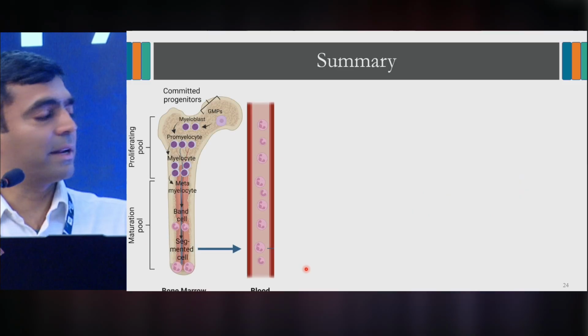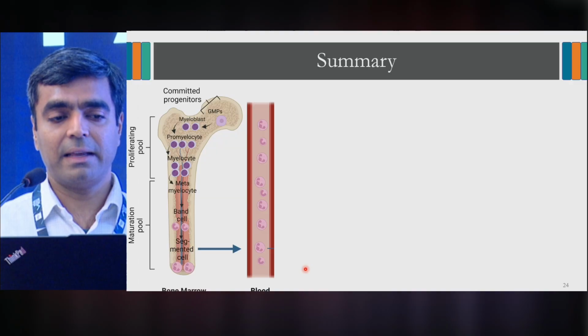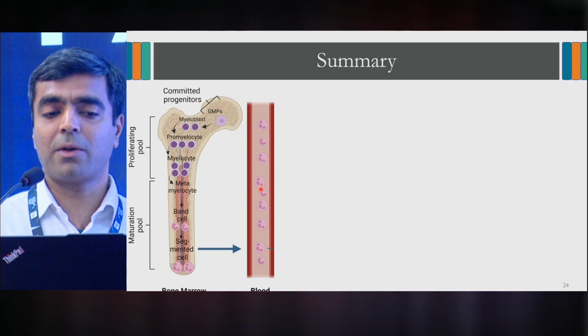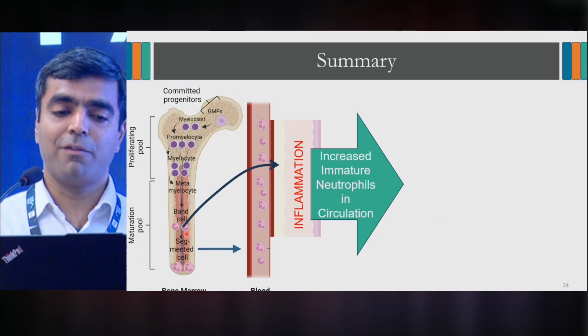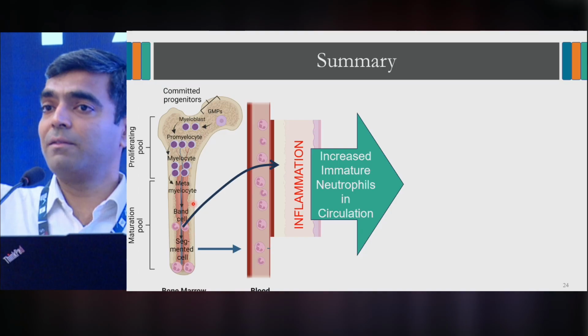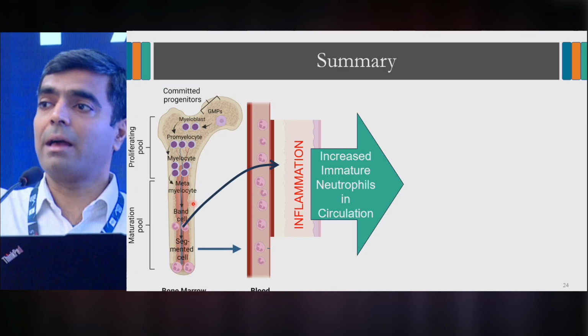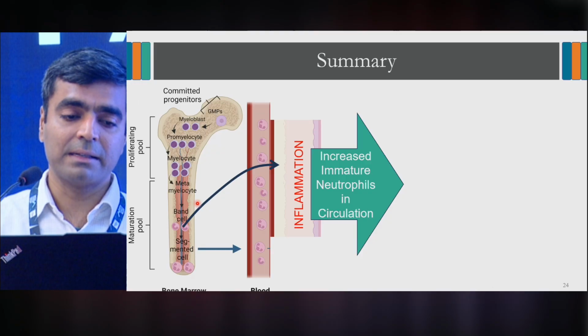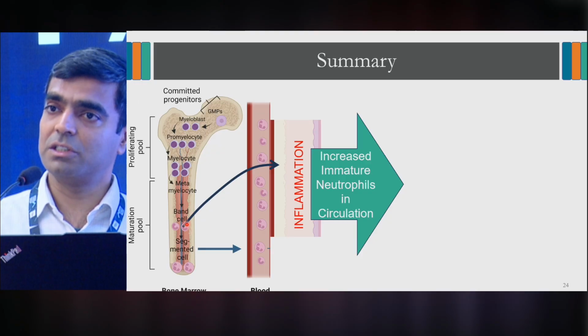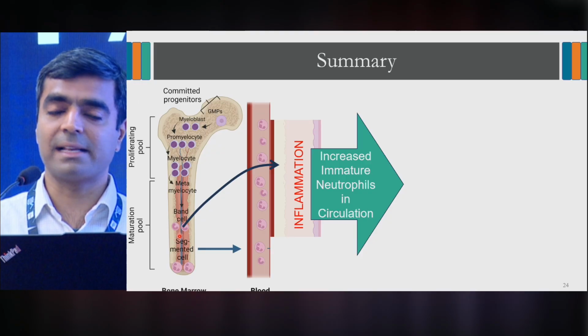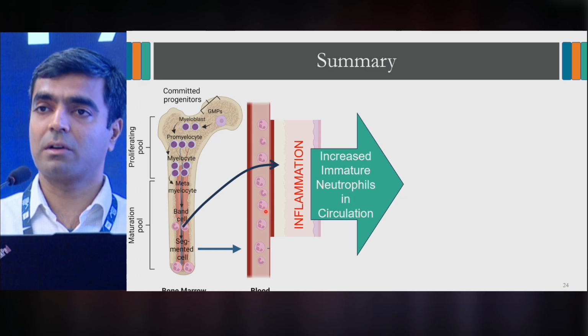Right? So I'll quickly summarize here and end the talk. Basically, neutrophils are produced in the bone marrow and they come out into circulation. But if you have an inflammation, whether it's because of injury, diabetes or pancreatitis or something else, you have this left shift which clinicians see, which is basically band cells, immature neutrophils, coming into circulation.